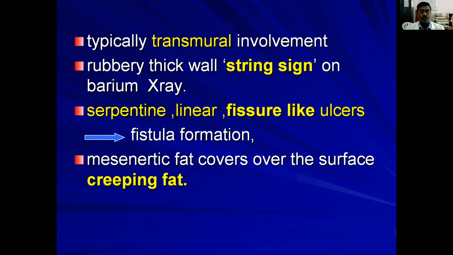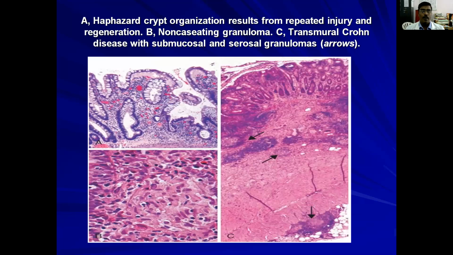The mesenteric fat covers the surface, giving a creeping fat appearance. Microscopically, there is haphazard crypt organization resulting from repeated tissue injury and regeneration. You can also see non-caseating granulomas, and transmural Crohn's disease with submucosal and serosal granulomas.